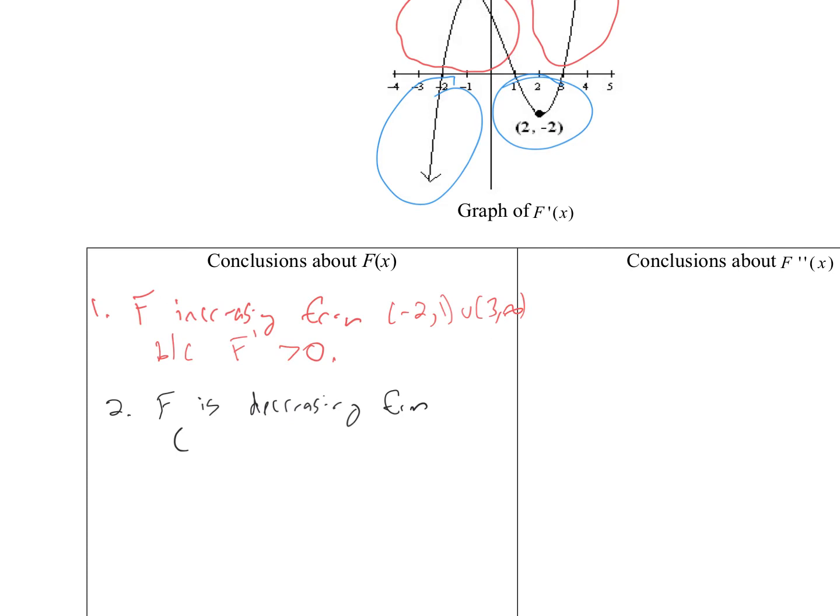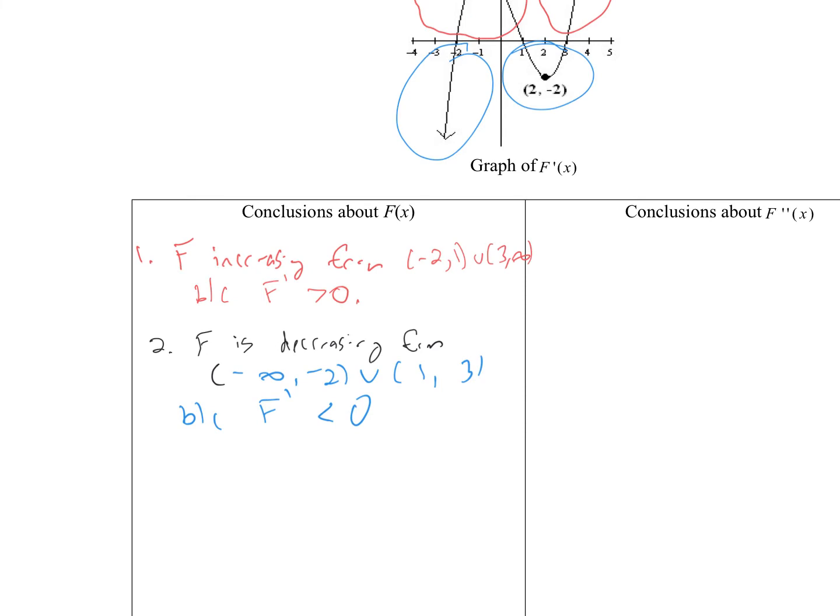F is decreasing from negative infinity to negative 2 union 1 to 3, because f prime is less than 0 in those intervals. What else can I say? We're talking about f from the picture of the derivative.